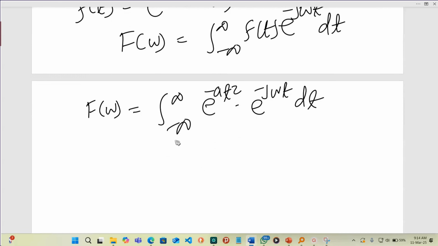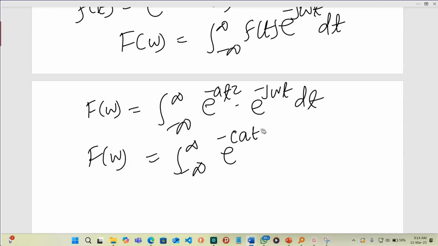What happens to this? F omega will now equal negative infinity to infinity, integrating exponential of, applying rules of indices, negative into a t squared plus j omega t, with respect to t.